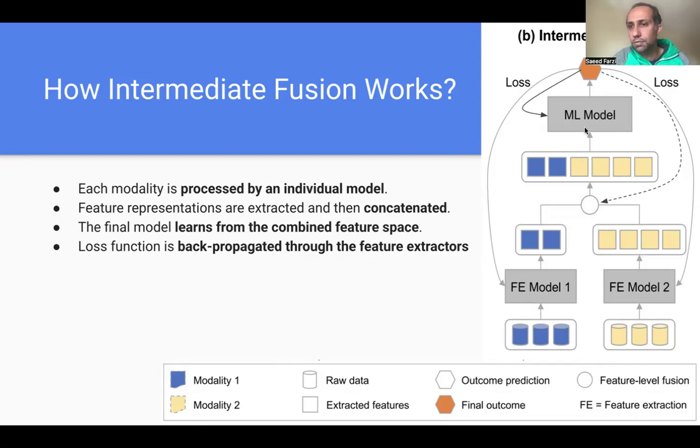After that, it's fed to the model. The loss value is used for training and calculating the gradient for this model, this model, and this model. Of course, it's data hungry. It needs lots of data to be trained.